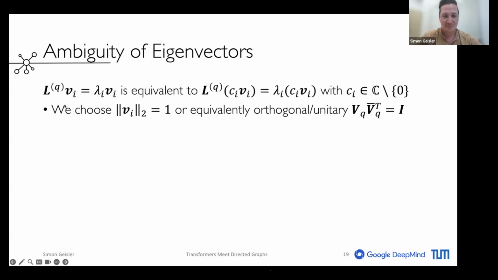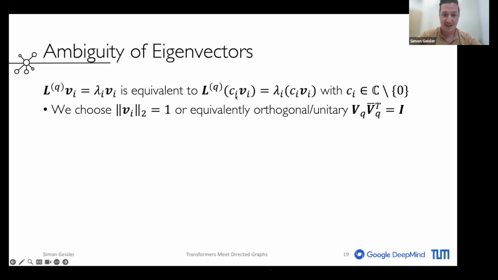Anyways, so back to the ambiguity of eigenvectors. Here we have this equation. This describes this eigenvector in the first place. So we have this matrix here, the magnetic Laplacian. We have some eigenvector, the ith eigenvector, which corresponds then to the eigenvalue times this eigenvector. And you will probably agree that this is equivalent to the way I write it to the right.